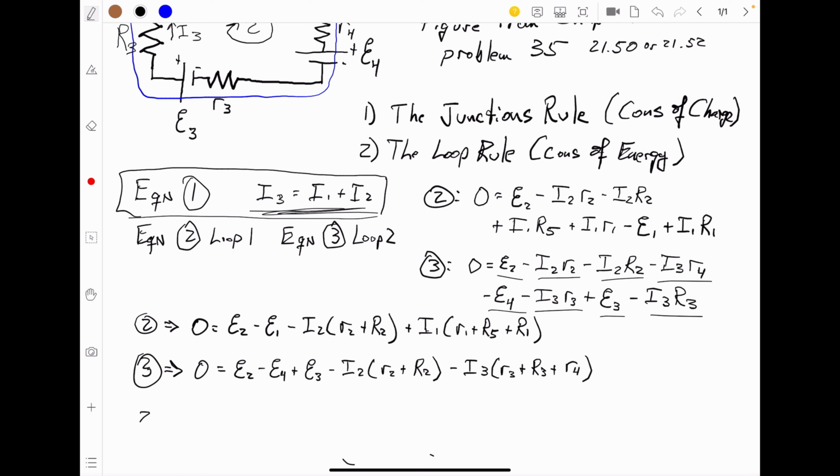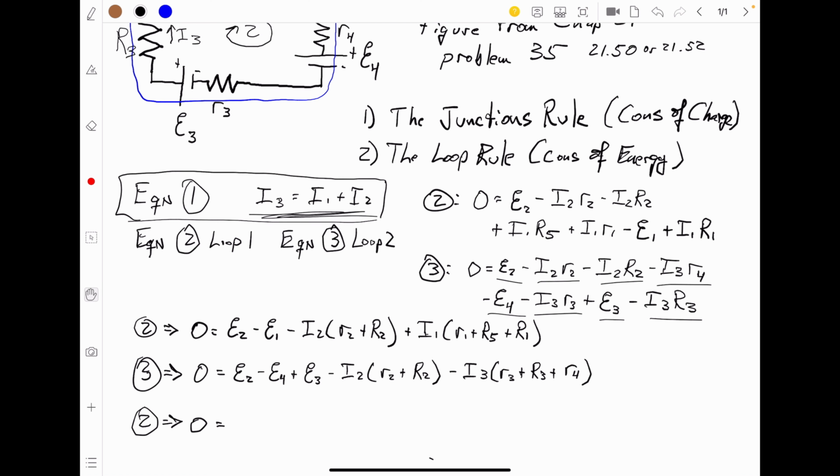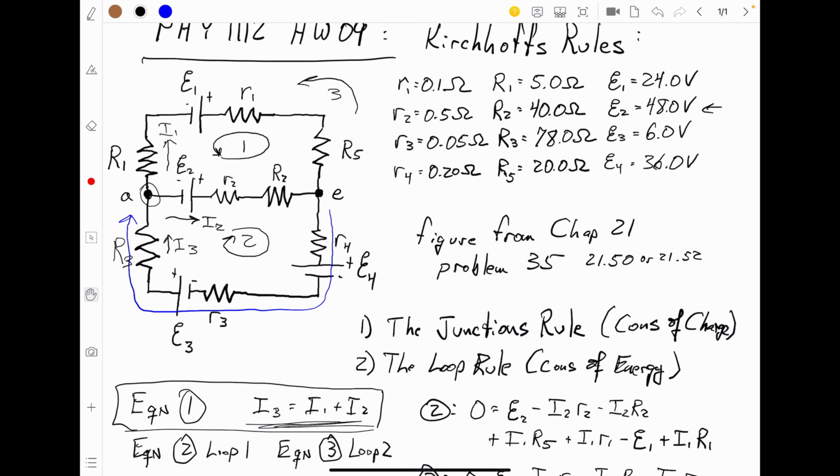So let's redo number 2. 0 equals E2 minus E1. What is E2? Okay, so I don't know. Let's do a screenshot of this. I have it written down on a piece of paper right here to my right.